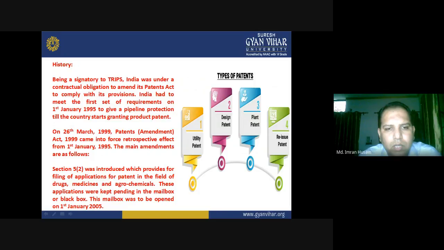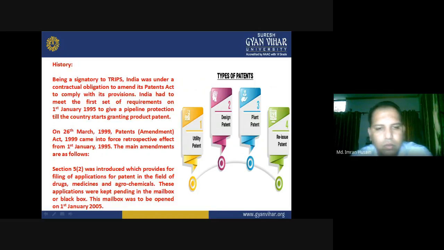On 26 March 1999, the Patents Amendment Act 1999 came into force with retrospective effect from 1st January 1995. The main amendments are as follows.